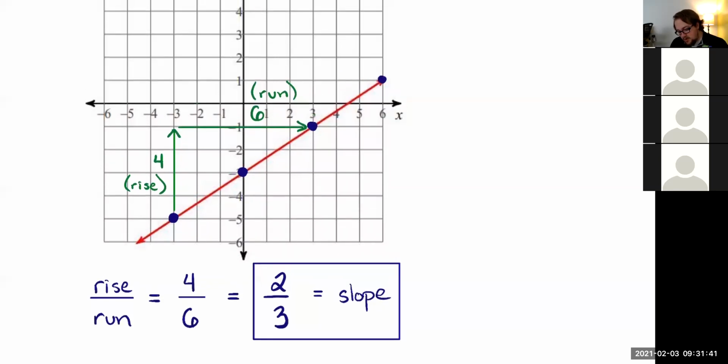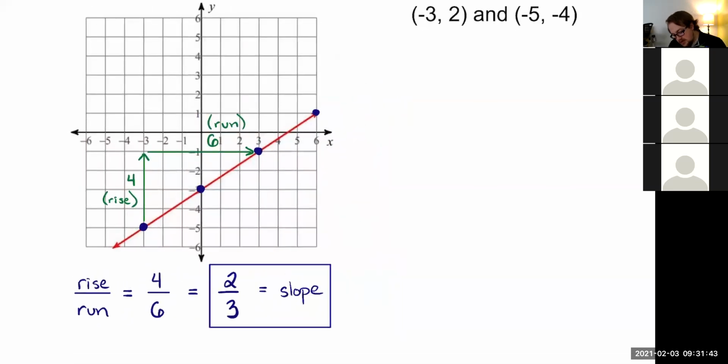If I had a bigger coordinate plane, I could go up 2, right 3 again, up 2, right 3 again, because the slope is describing the exact direction it's traveling. And because a line never veers off of its course, because by definition it is straight, it's going to repeat that pattern forever and ever.